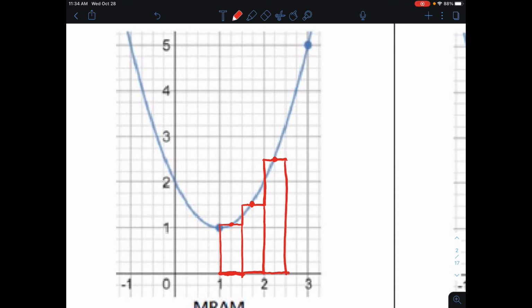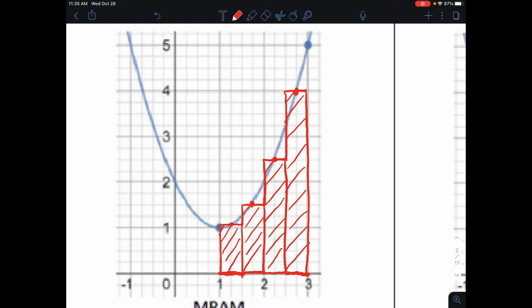And so we'll draw that third rectangle, and then our fourth rectangle would go from 2.5 to 3. So halfway in between there, we would determine our height for our approximation, and then we would continue drawing our rectangles. So this time we're going to approximate the area beneath the curve by adding together the individual areas of these four rectangles whose height is determined by the middle x value of the sub-intervals.